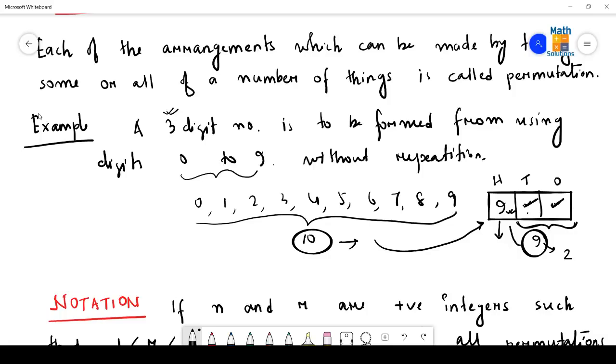So in terms of permutation, this can be written in what way? Out of 9 options in my hand I have to take 2 options. So it can be written in the form 9P2, and that's the way these things can be represented in terms of permutation. I hope all of you have understood.